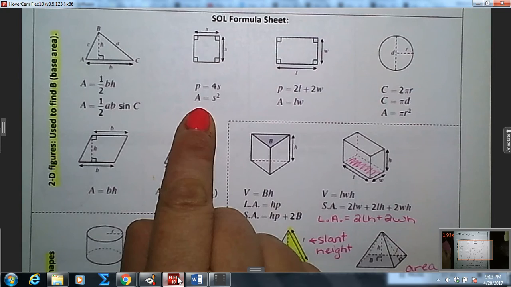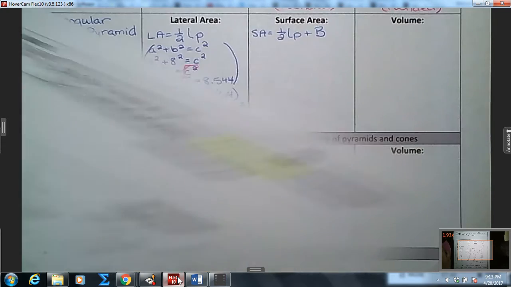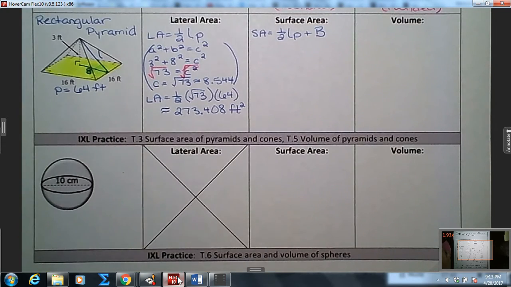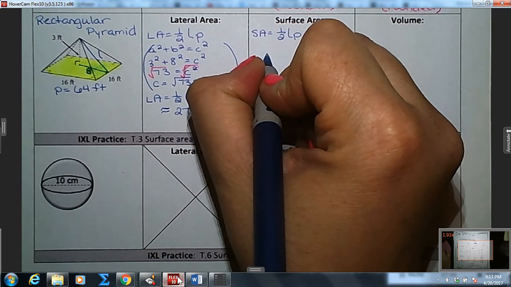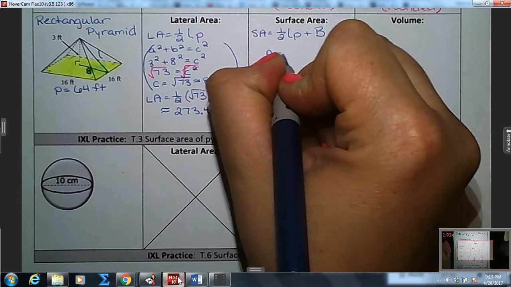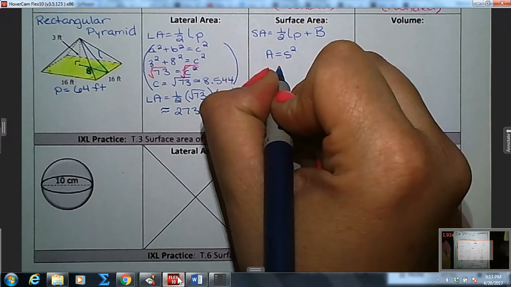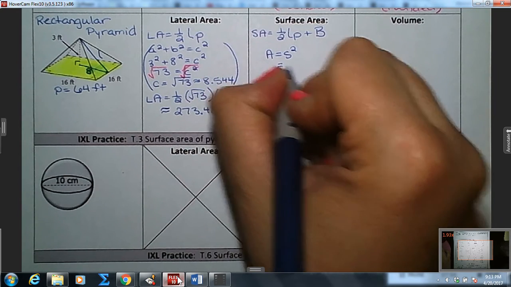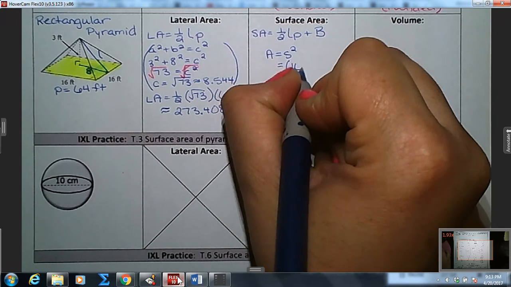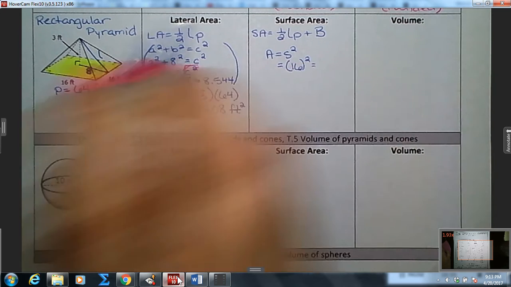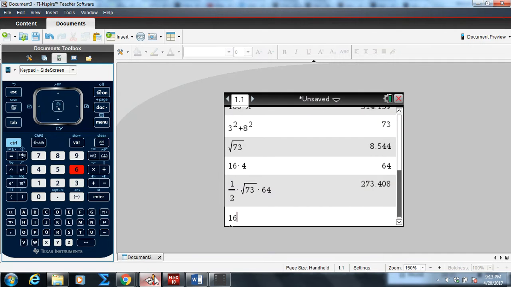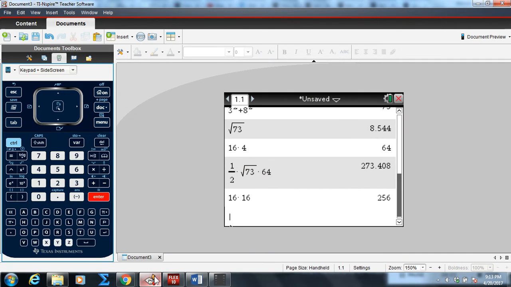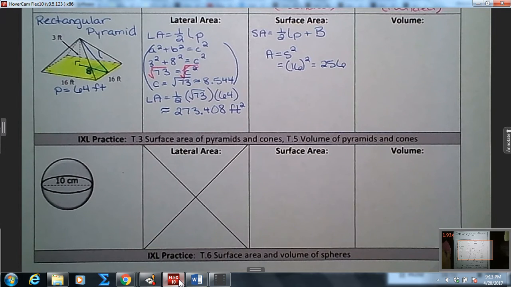Area of a square is S squared. So for this picture, that would be 16 squared. 16 times 16 is 256. So the area of the base is 256.